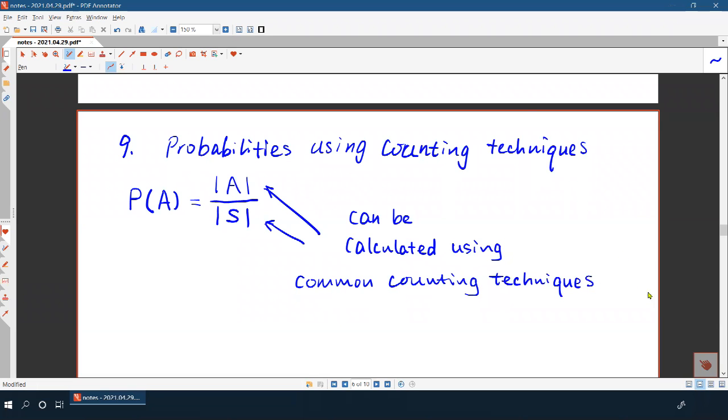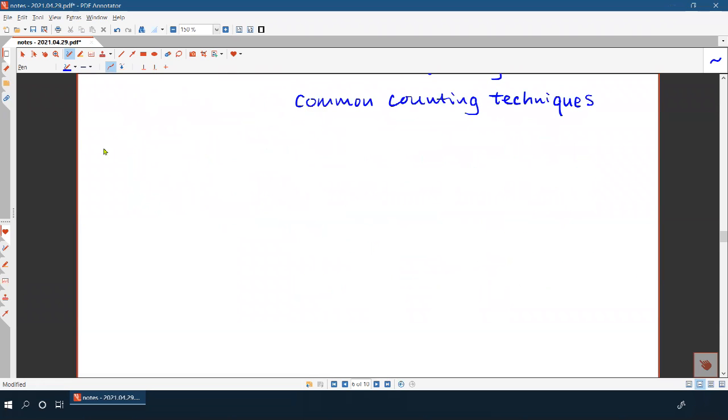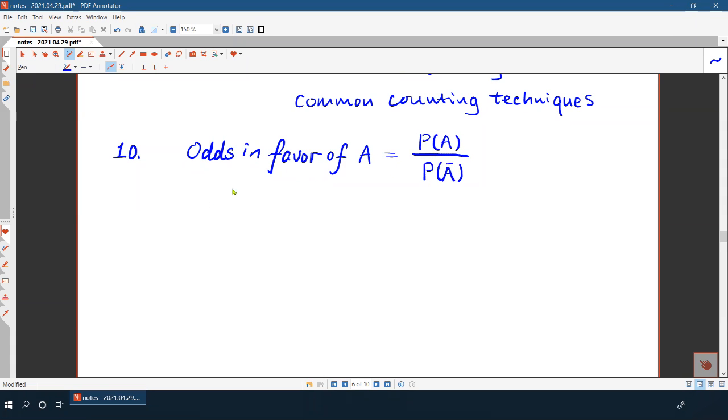We have also learned some trivial concepts called odds in favor of A. For an event, the odds in favor of A is defined as the probability of A over the probability of A complement.